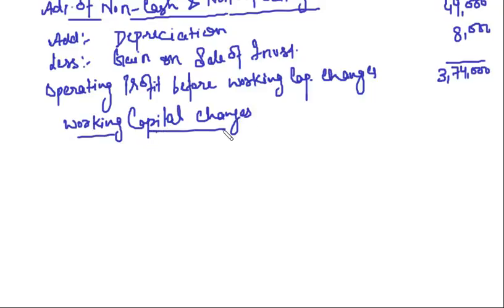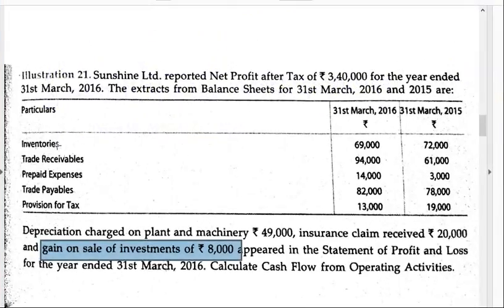Right? Now, in the working capital changes, let's see, inventories. Last year, our inventory was 72,000. Now our inventory is 69,000. Right? Inventory is what? Current asset. There is a decrease, or I can say fall in the current asset of 3,000.